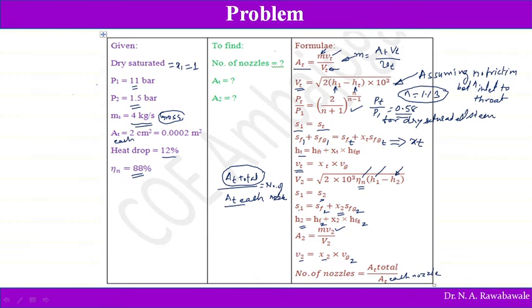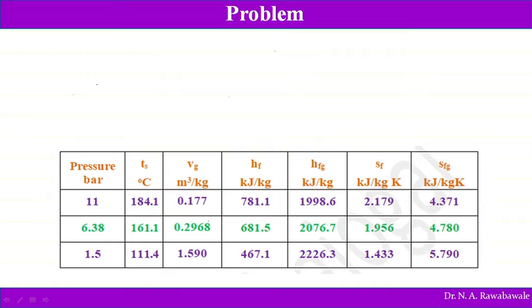Now here we have to work out the pressures P1, throat pressure Pt and P2. We know P1, we know P2, we don't know Pt, so Pt has to be calculated. Pt divided by P1 is equal to 0.58 for dry saturated steam.